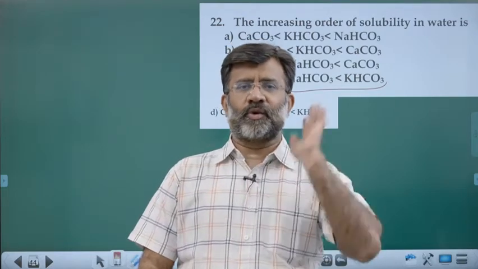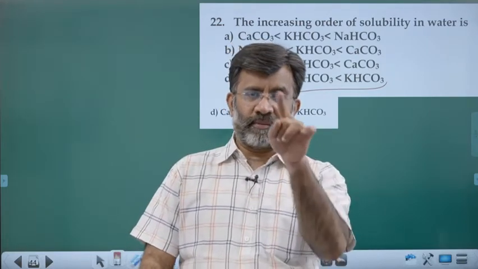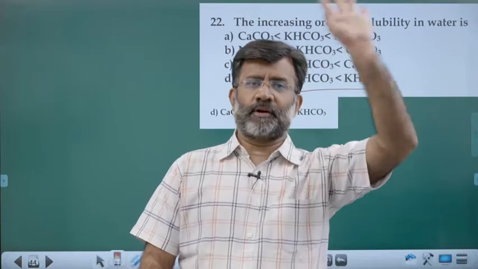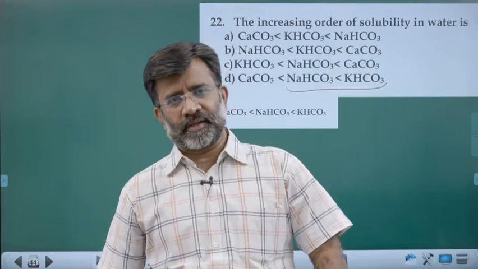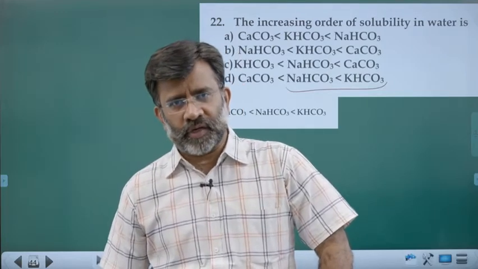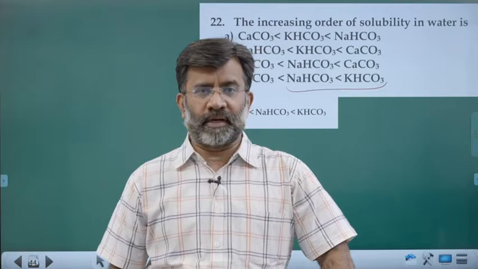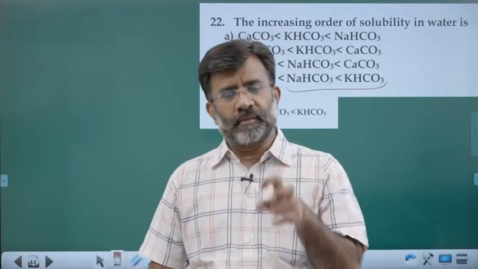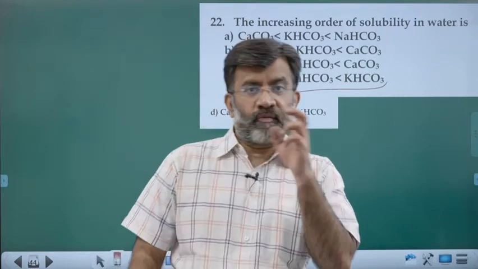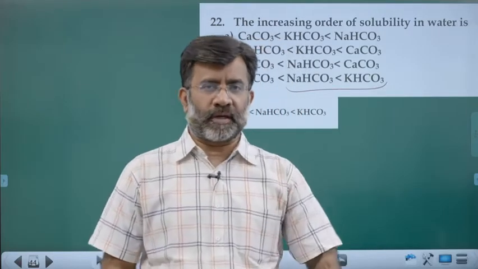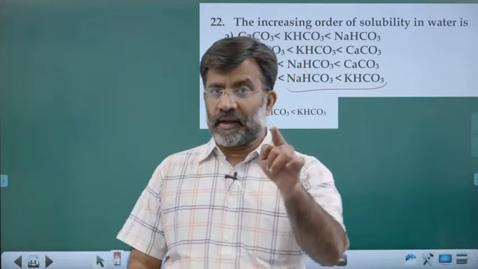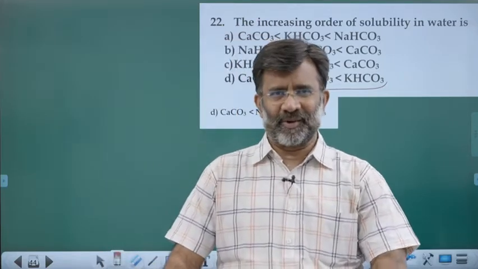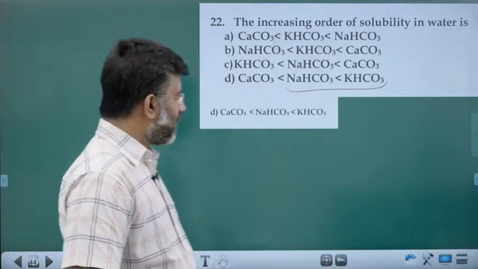Upon heating, you get sodium carbonate. Such a precipitation is not possible commercially with potassium bicarbonate because it is more soluble. So in the Solvay process, unlike washing soda, we are unable to produce potassium carbonate because of the relatively higher solubility of KHCO3. You are learning this in NCERT. Next question.